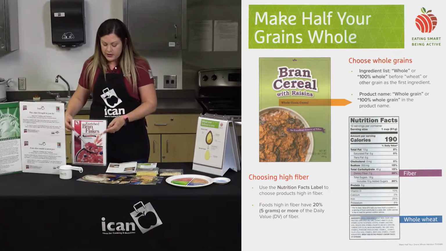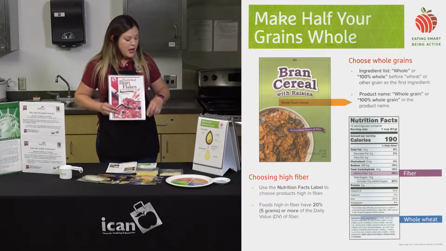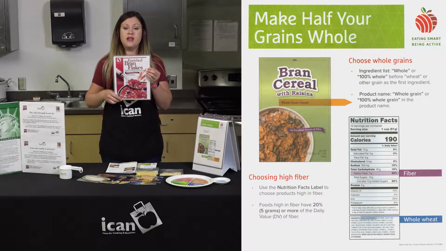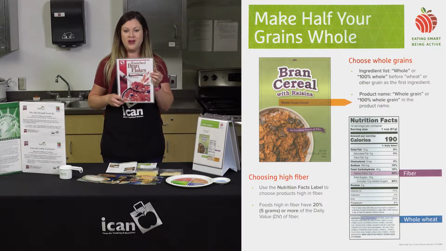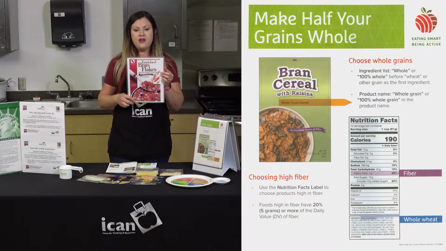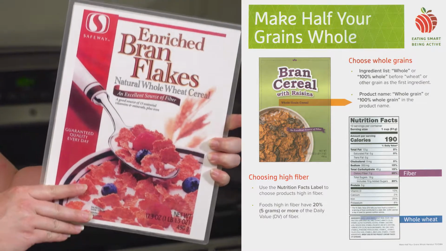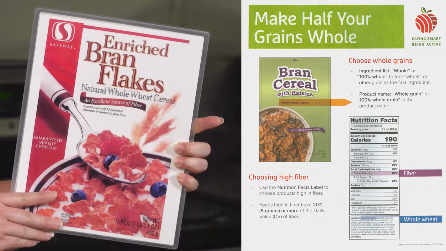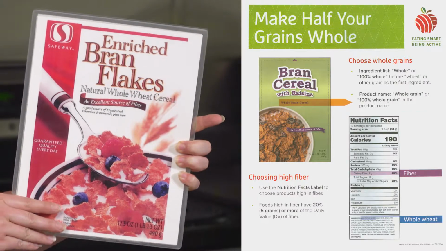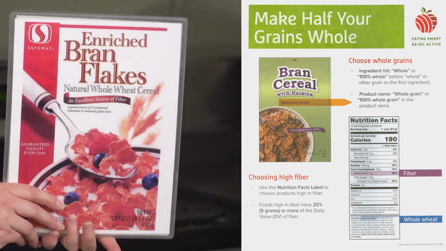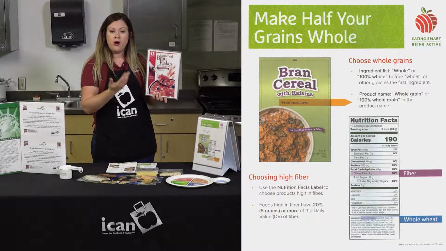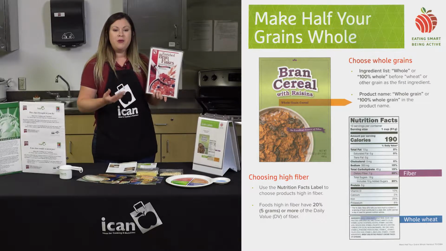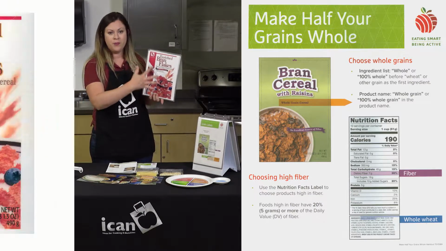I want to talk now a little bit about how to find our whole grains and whether it is actually a whole grain product or not. I have an example here of cereal. So it is an enriched bran flakes cereal, and when it is a whole grain product or whole wheat product, the words 100% or whole will be part of the title of the product.